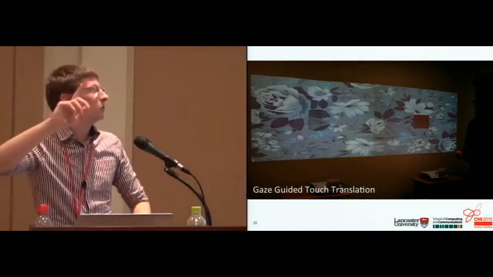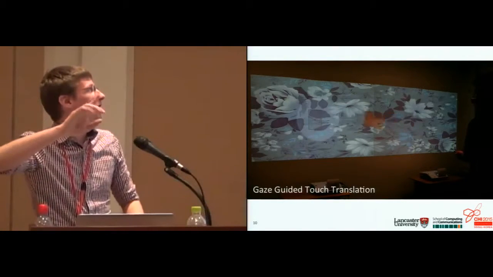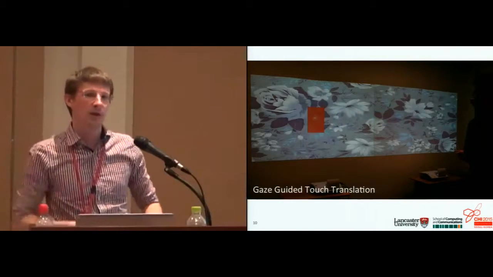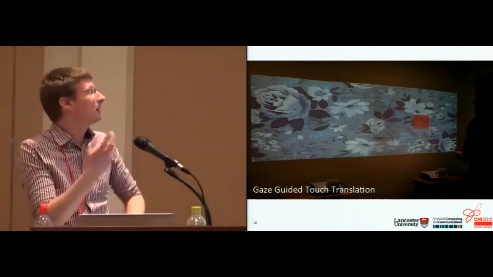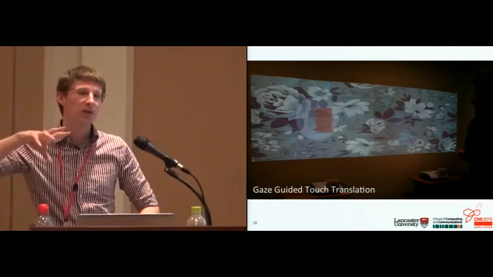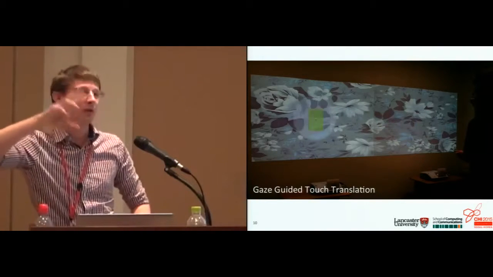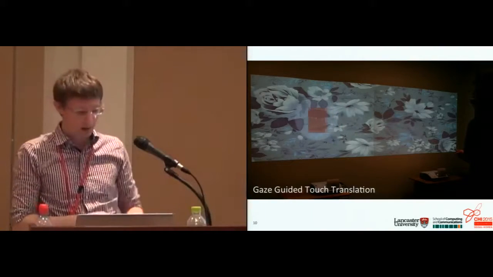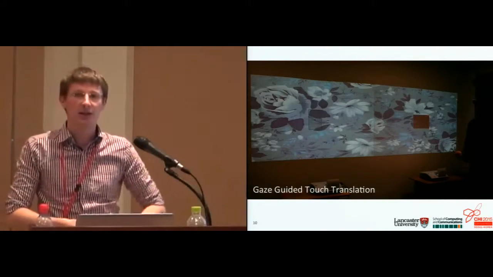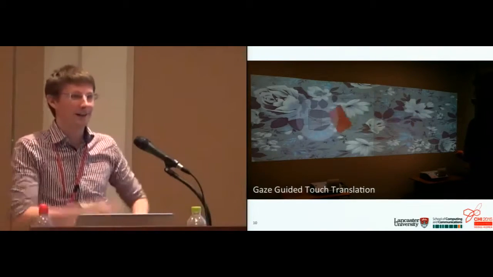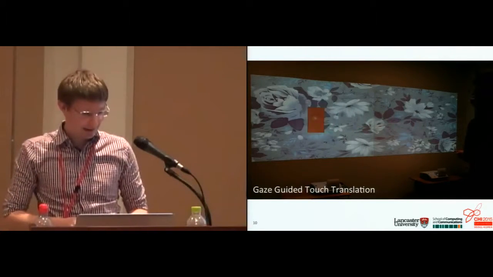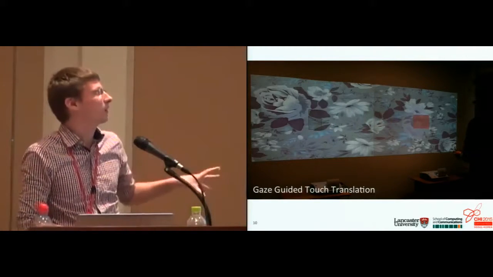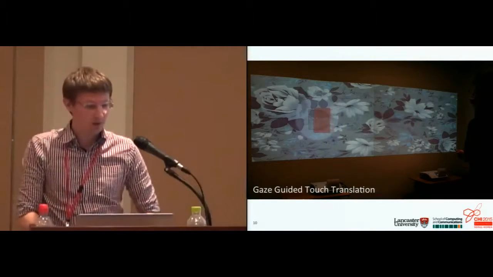When the user performs a translation, the object will only ever move along that translation path. The idea with that was to reduce the cognitive load so that the user could focus on the rotation and scale components while that translation was happening. And yes, this is slightly crazy, and you'll see why that is a little bit later. But we hope that this would be a more concurrent technique than the other ones that we were going to try.